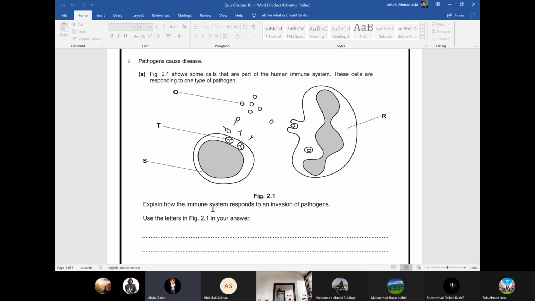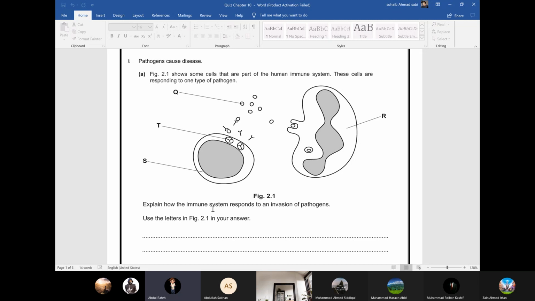Sir, R is phagocyte. And the other one is lymphocyte. Very good. What is the reason? Sir, lymphocytes, they eat the pathogens, they digest or eat the pathogens.